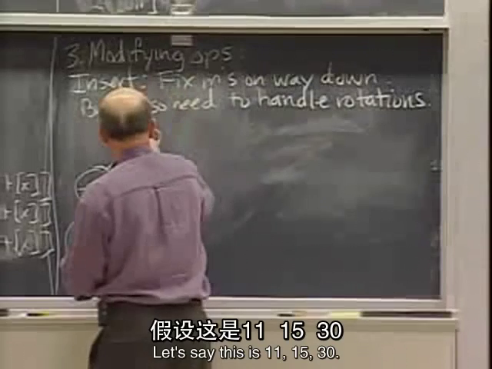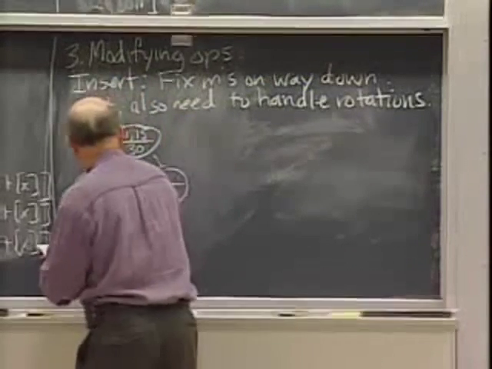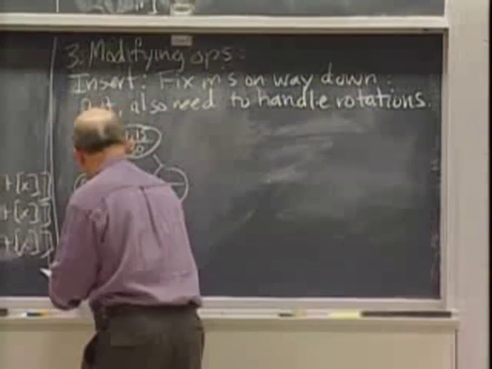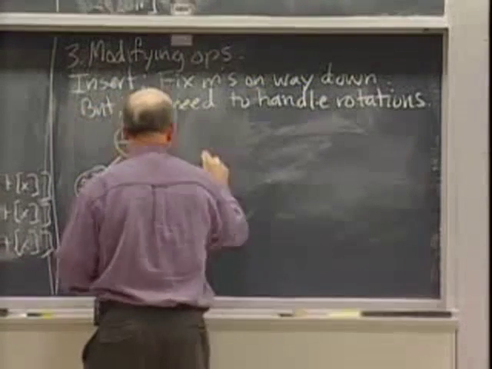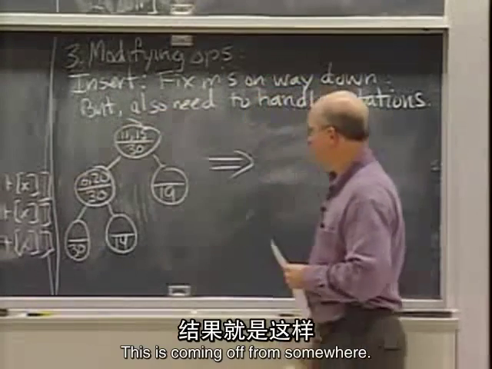So let's say this is 11, 15, 30. Let's say I'm doing a right rotation. This is coming off from somewhere.